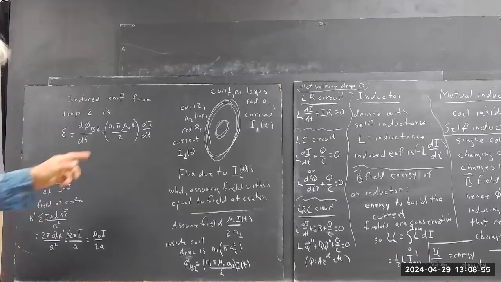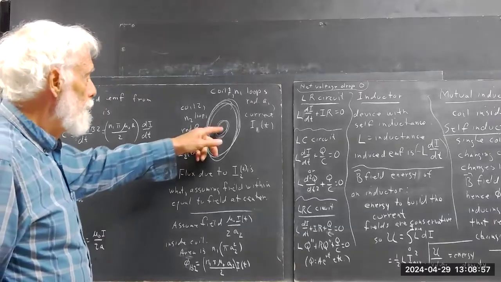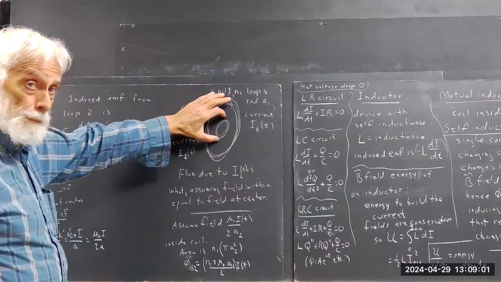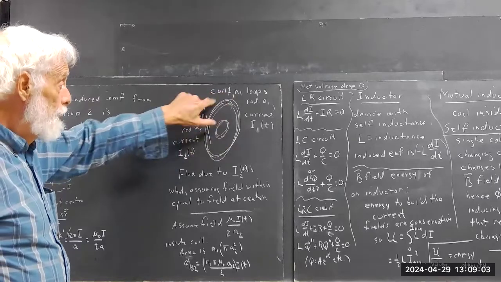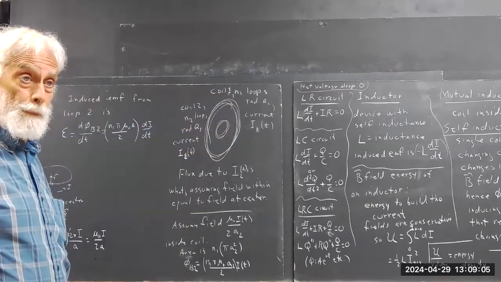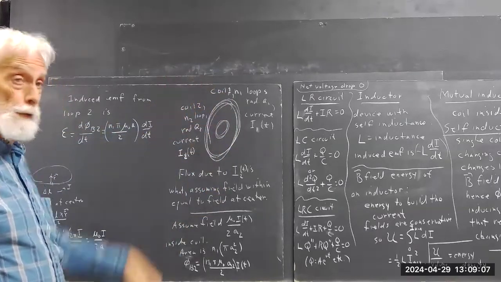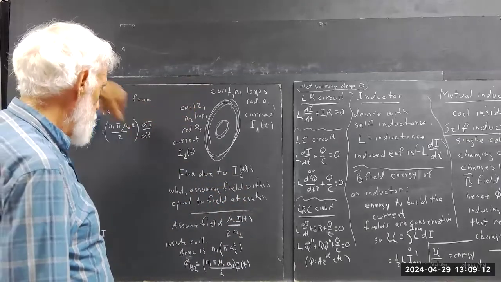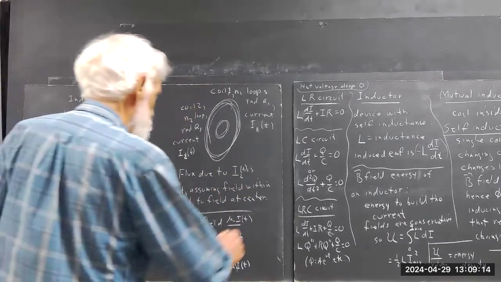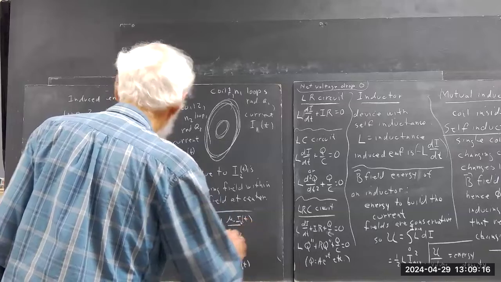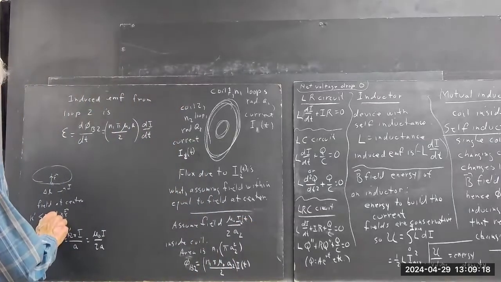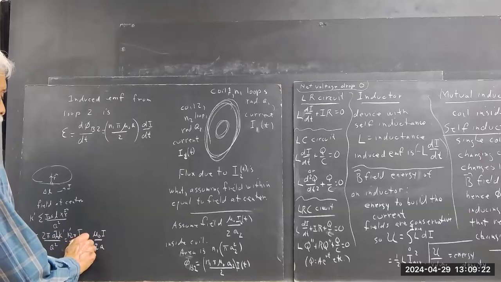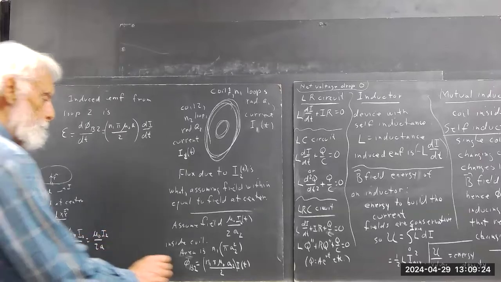We have exactly the same flux change due to this current in the bigger coil. So you get the same EMF in the bigger coil. If you don't have any current in the big coil, what's the EMF? Hang on. It should be I2 of T. It should be I2 throughout.